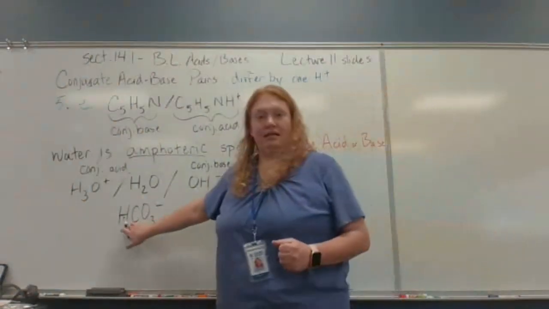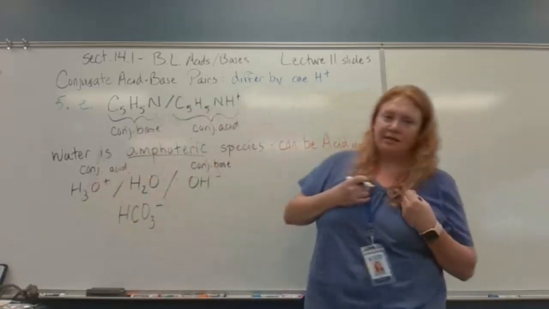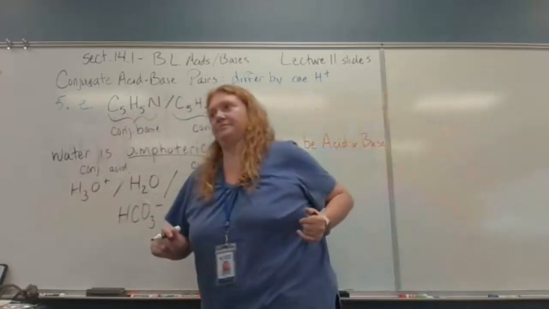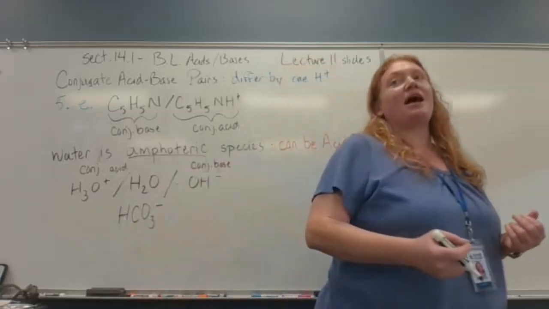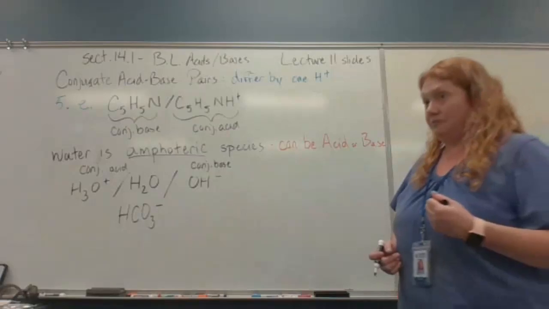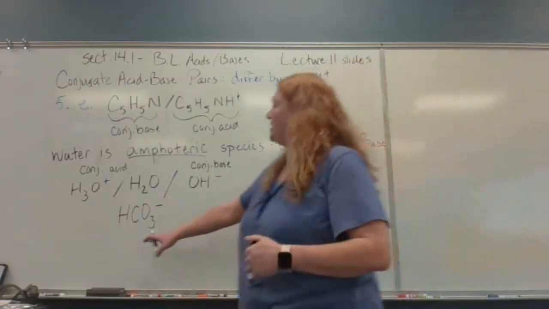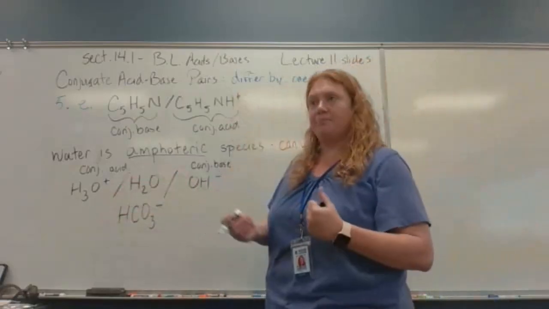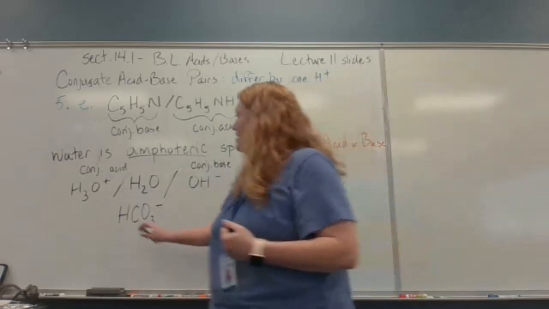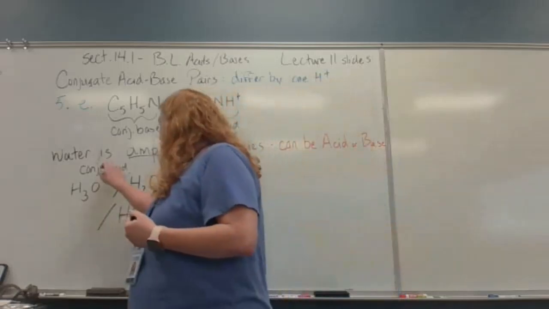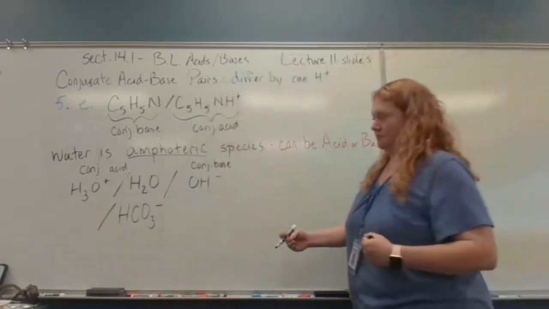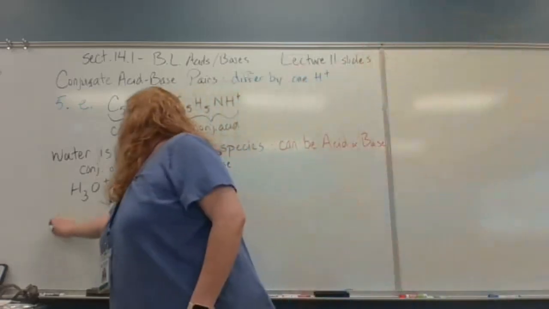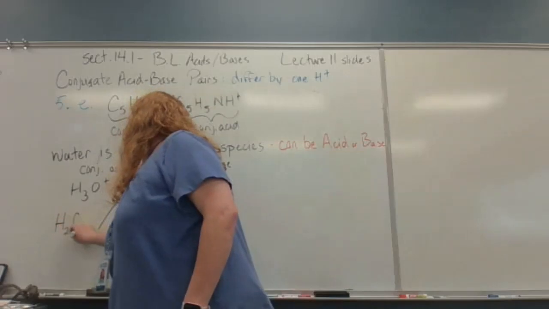What does that mean? This can either accept or give away. If this is accepting, that means it's acting as a what? A base. If I tell you this is going to accept, that's a base. If it accepts, what is the conjugate acid it forms? It forms carbonic acid, doesn't it?